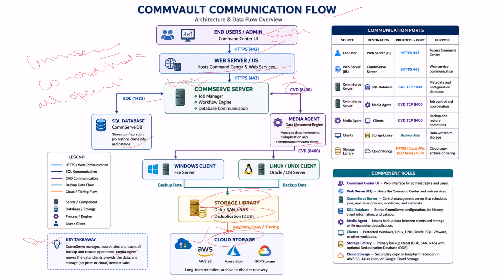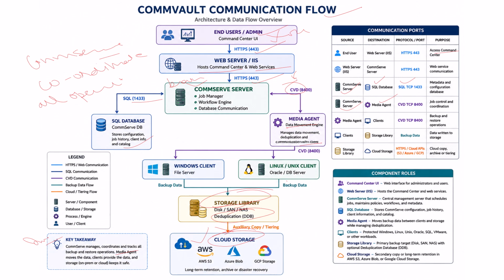Okay, communications. Here I already said end user, HTTPS access. What's the purpose of doing this? Access Command Center, web service communication. CommServe to SQL: it's your source, your destination, your protocol, SQL 1433, for the metadata and configuration database.